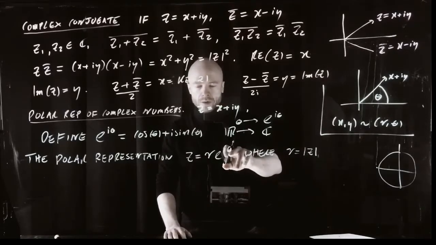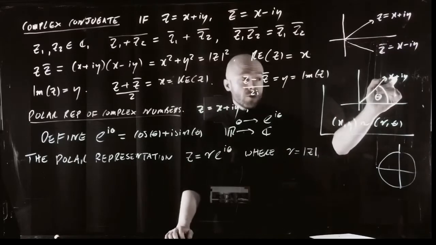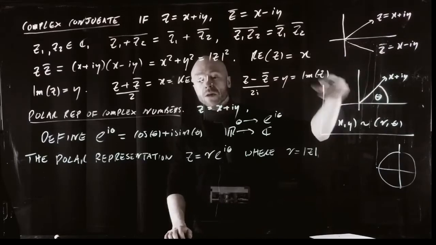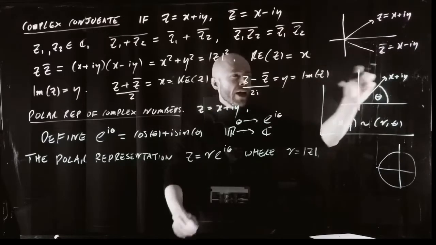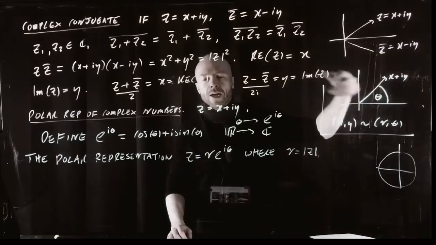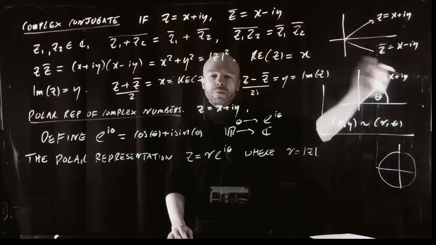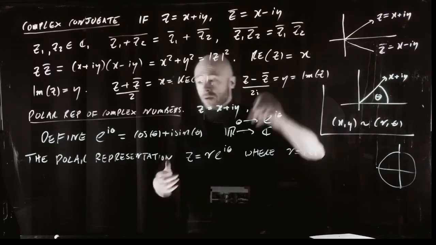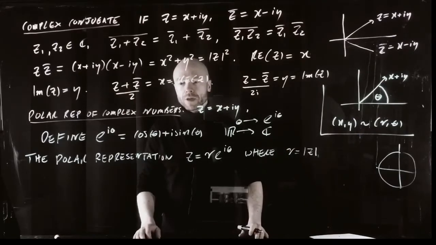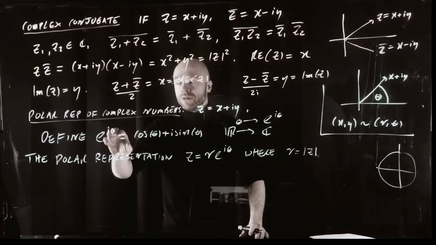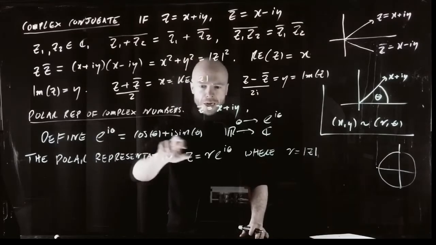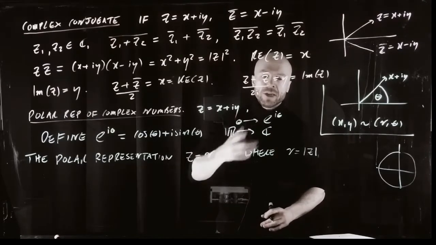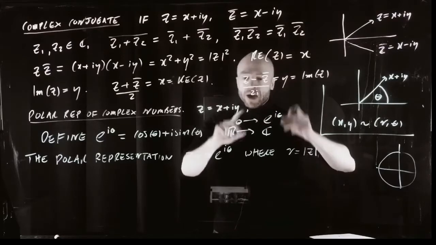This number, as I've written it, is not uniquely defined, because whatever angle I have, 2 pi plus this angle, 4 pi plus this angle, 6 pi, minus 8 pi, whatever, it's always going to define the same point. Because when we put that into this, it's not going to change anything. If I put in theta or theta plus 8 pi, this produces exactly the same thing. So this angle is not defined uniquely, it's defined modulo 2 pi times the integers.